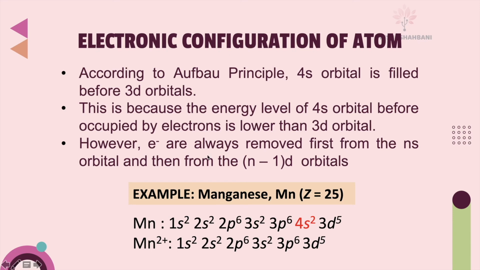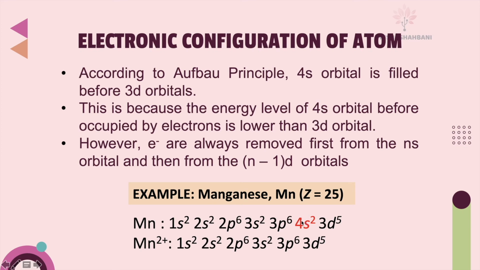However, electrons are always removed first from the ns orbital than from the (n-1)d orbitals. If 4s is fully occupied by electrons, 4s has higher energy than 3d. If the 4s orbital is empty, with no electron at all, the energy of 4s is lower than 3d.